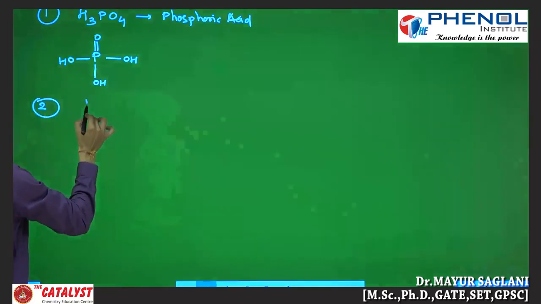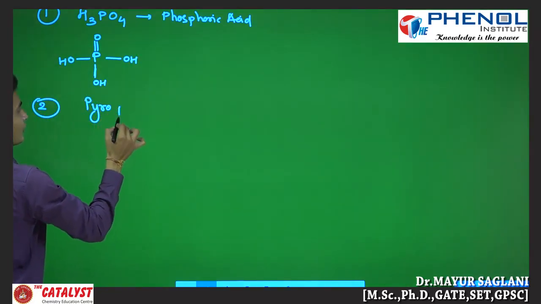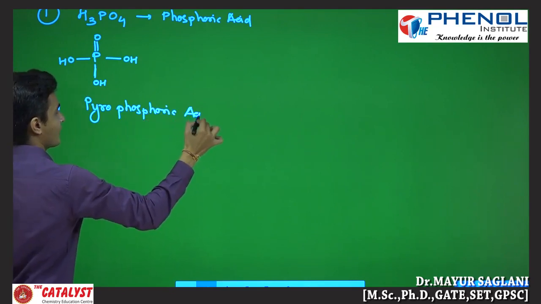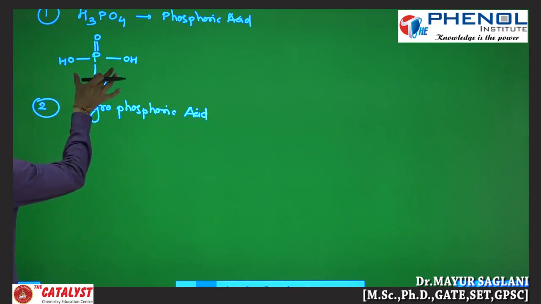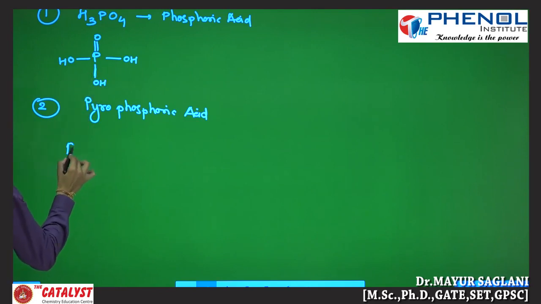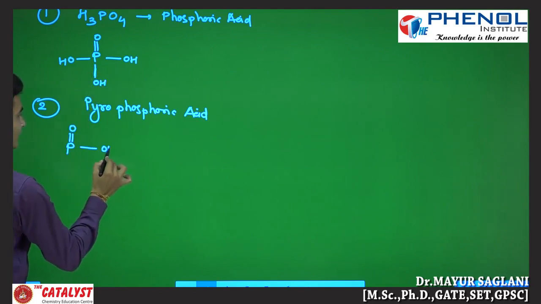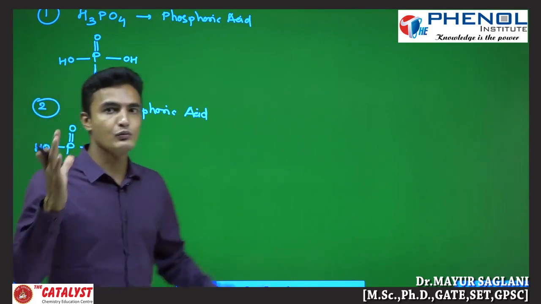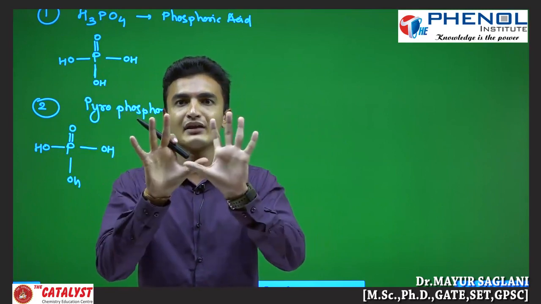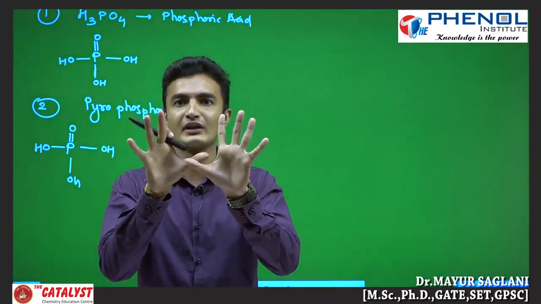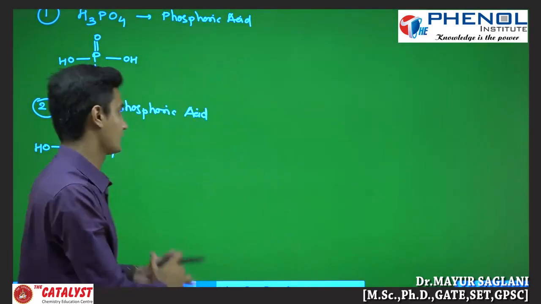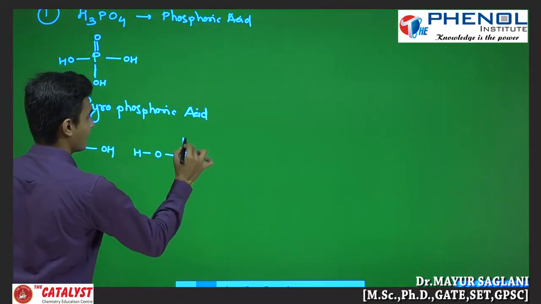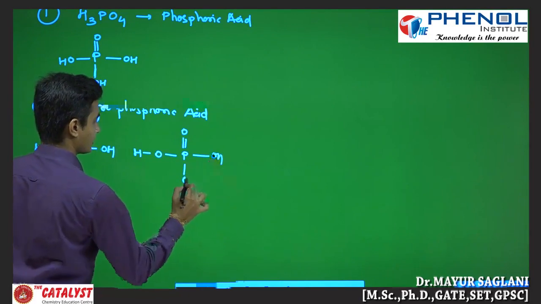Now you see, I want to prepare a phosphoric acid series, then I'll take phosphoric acid. Now I'll write pyrophosphoric acid. What I'll do, I'll take 2 moles of P double bond O, OH, OH and OH. Pyro means what? You take 2 molecules of acid, you bind them and remove H2O from the middle. Okay, you take 2 moles of acid and remove H2O. So this one is HO, P double bond O, OH and OH. Fine.